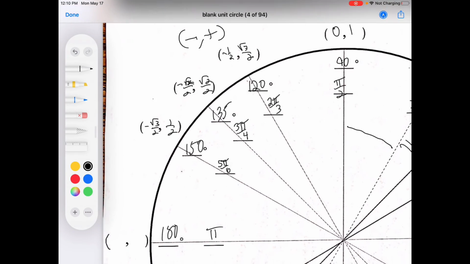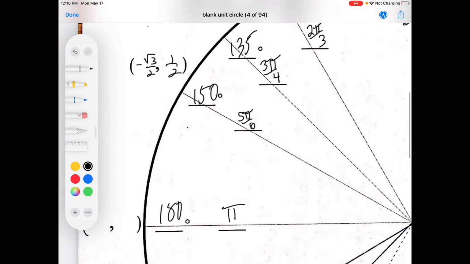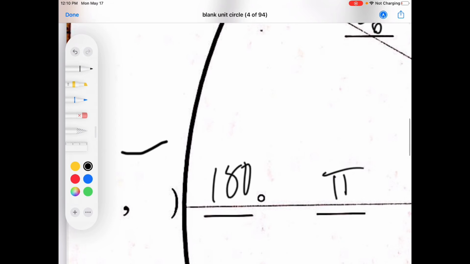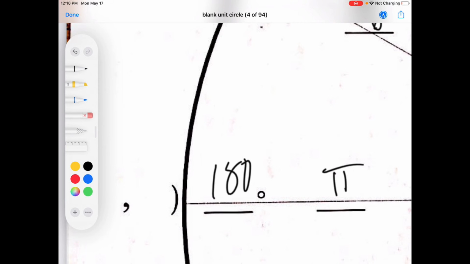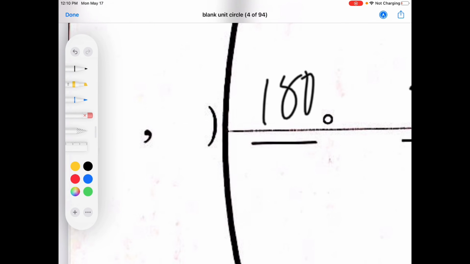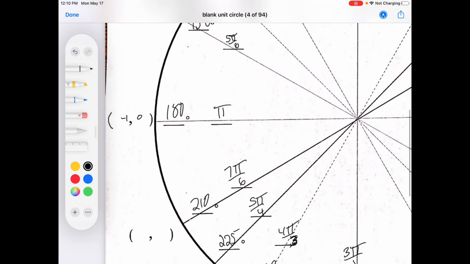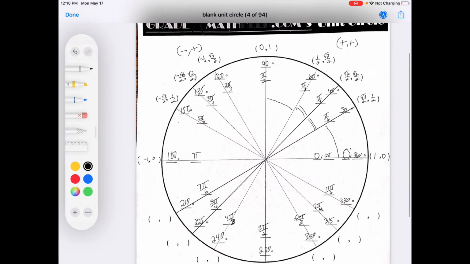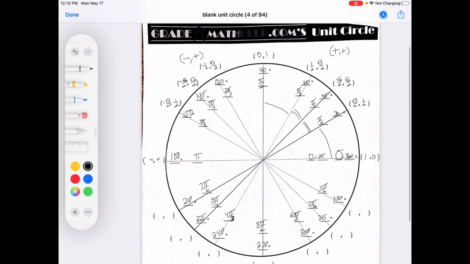And then at 180, remember the radius is 1, so negative 1, 0. Goodness, can't get my pen to work. Okay, so we got our coordinates for the first and second quadrant.